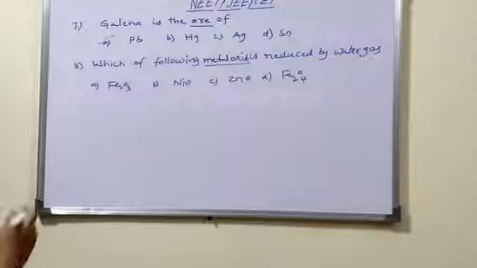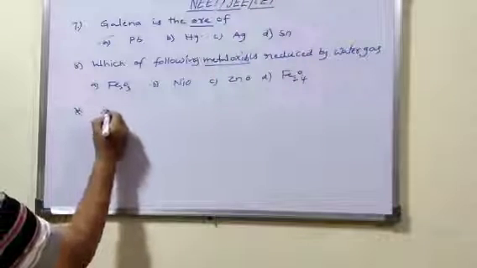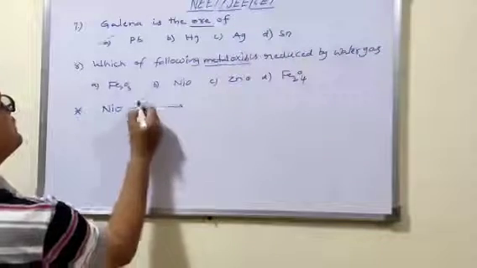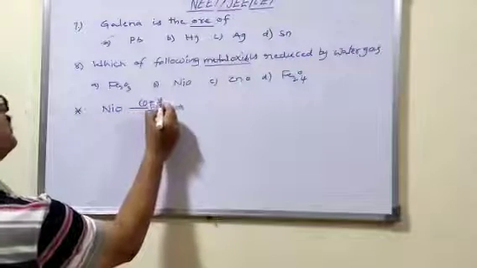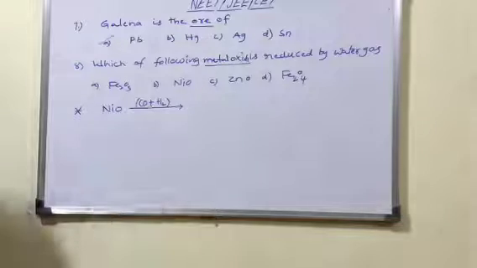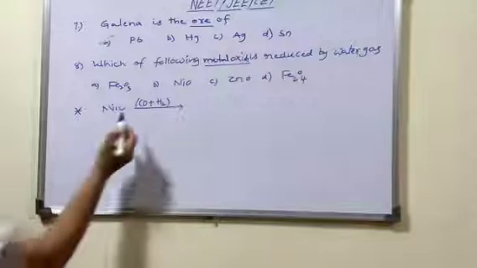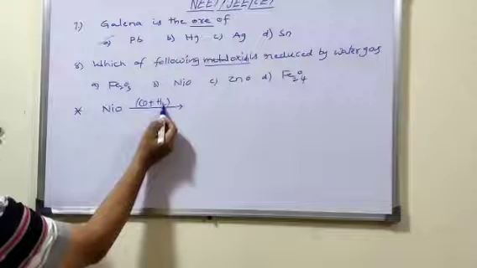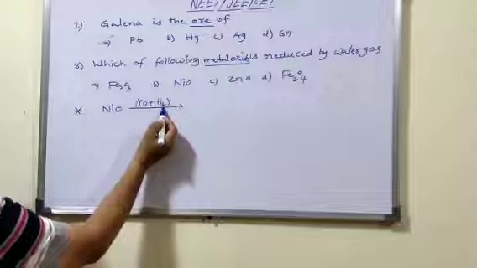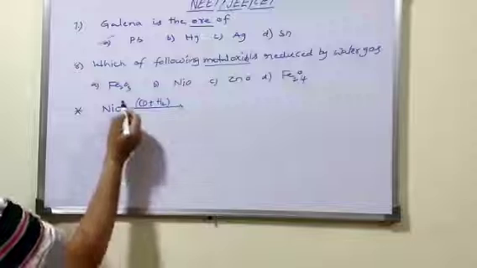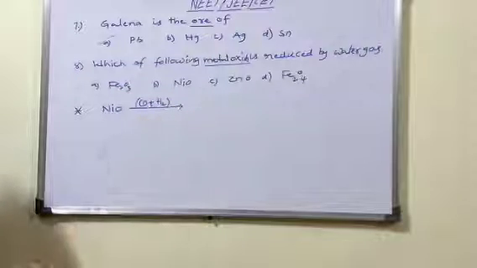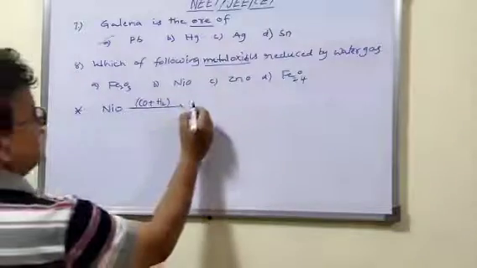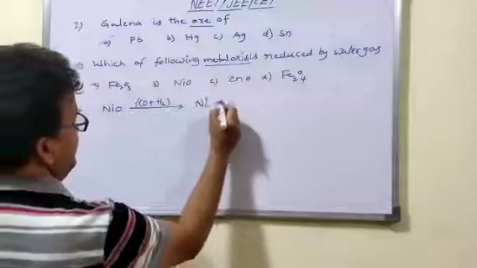Remember that nickel oxide is reduced by water gas. Water gas formula you know very well, CO plus H2. In this, carbon monoxide acts as a reducing agent, hydrogen also acts as a reducing agent. When nickel oxide reacts with the carbon monoxide and hydrogen mixture, that is water gas, you get nickel.